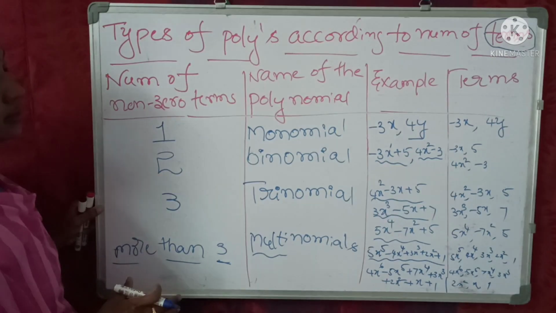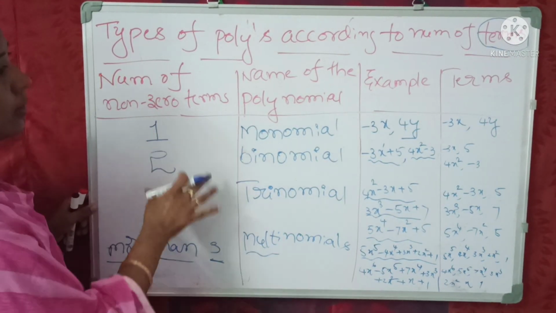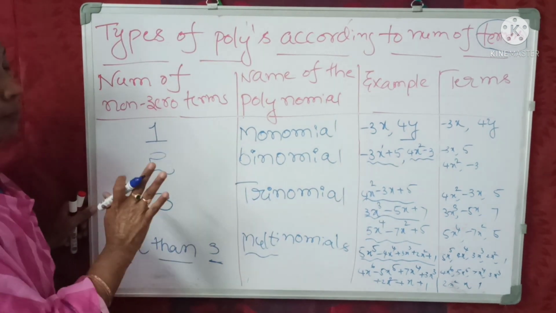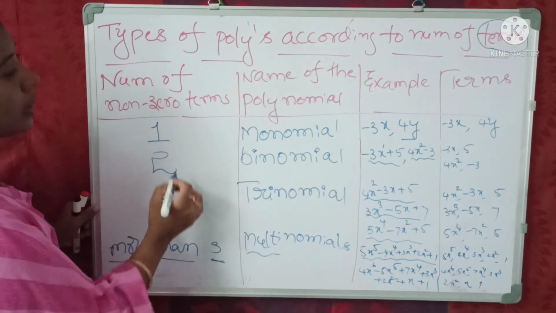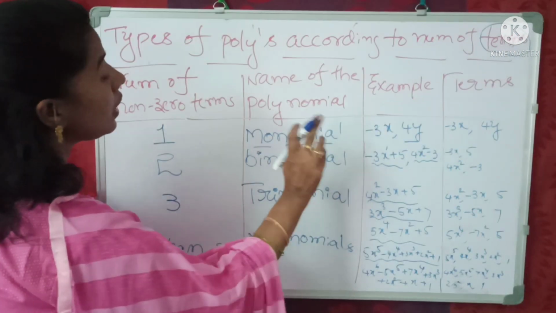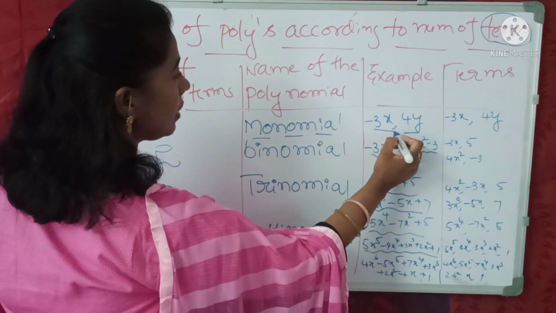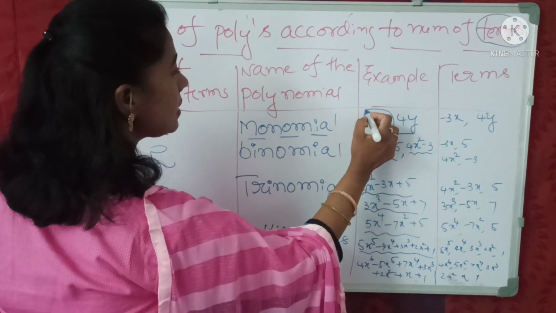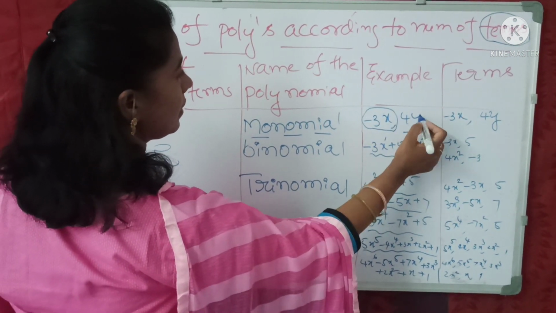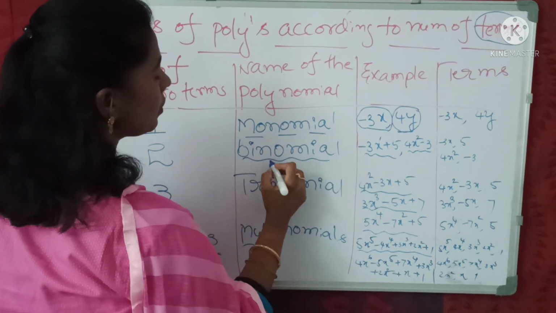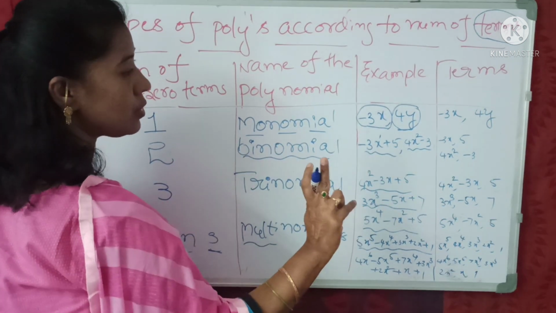This table is based only on terms, not on the power of the polynomial. Monomial means there is only one term, so it is not necessary to consider the power of x or the power of y. In a binomial also, we can choose only 2 terms.